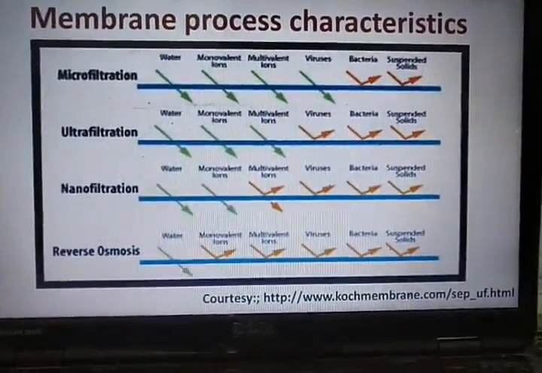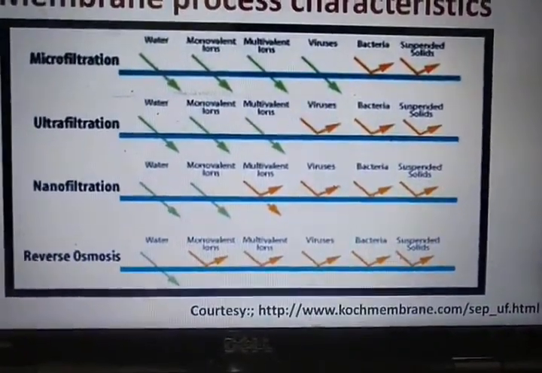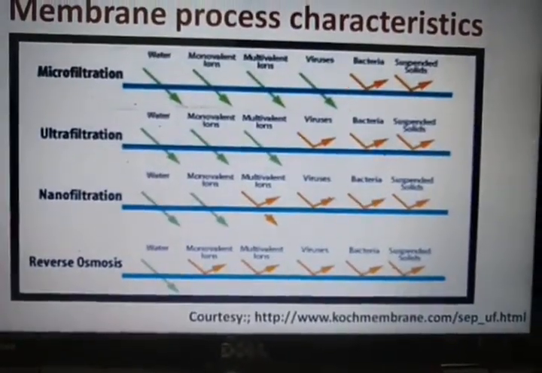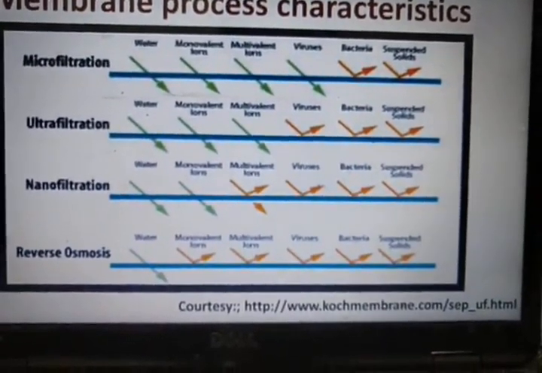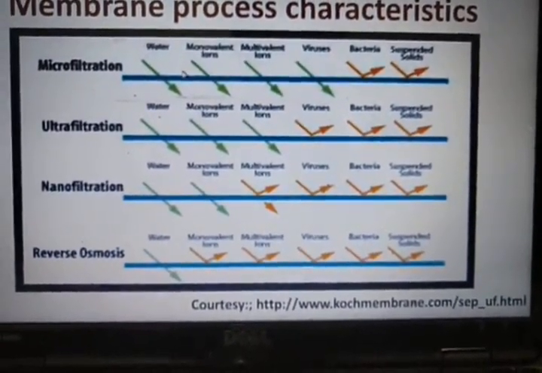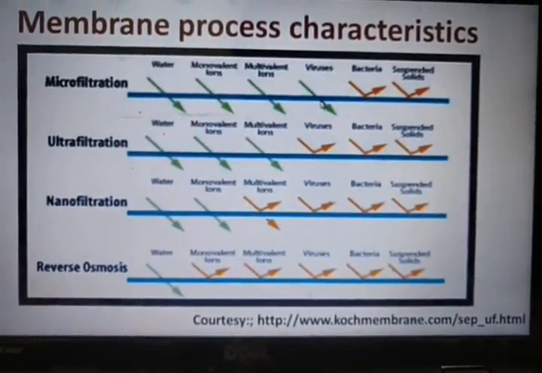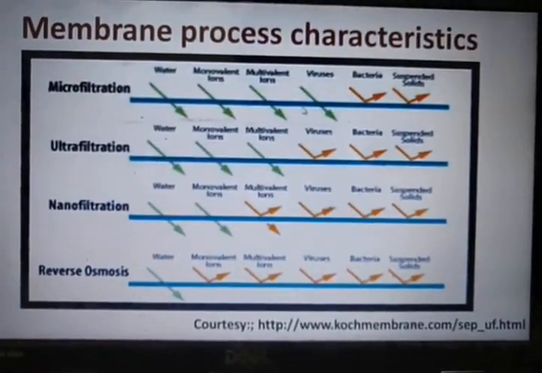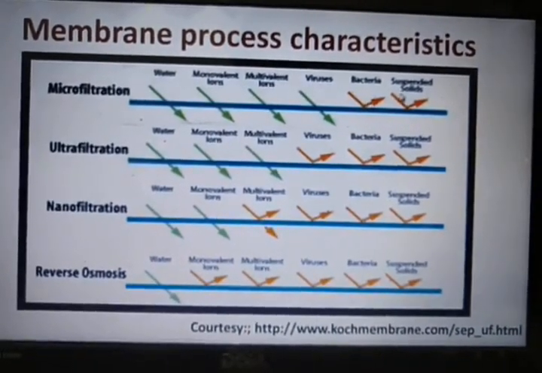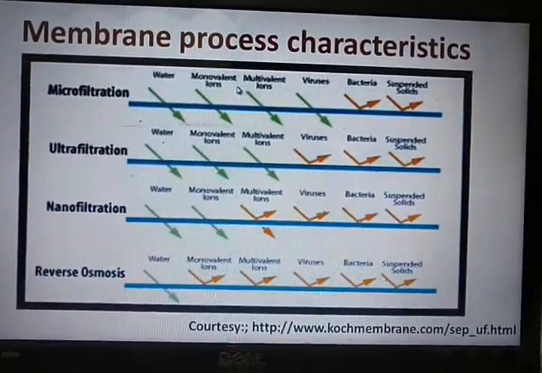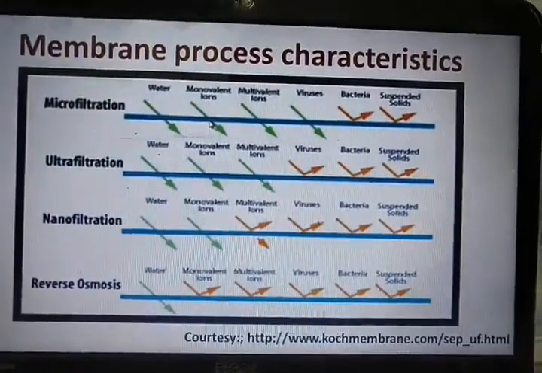Here you can see the different membrane configurations and their removal efficiencies. For example, microfiltration removes most of the bacteria and suspended solids, whereas monovalent ions, multivalent ions, and some viruses can enter the permeate.